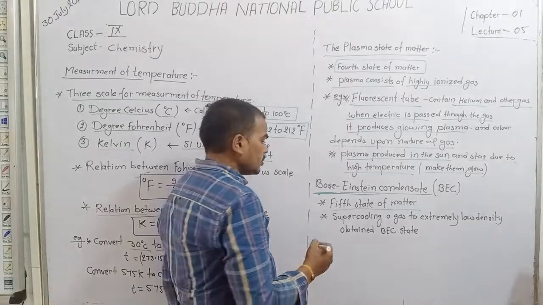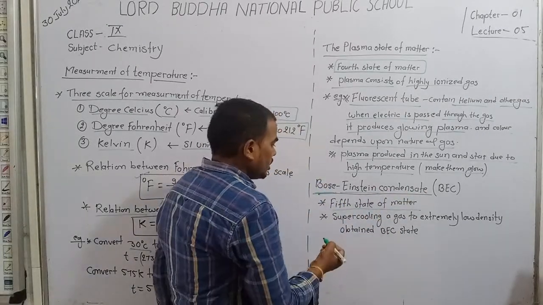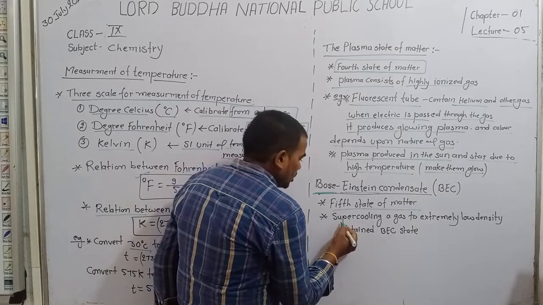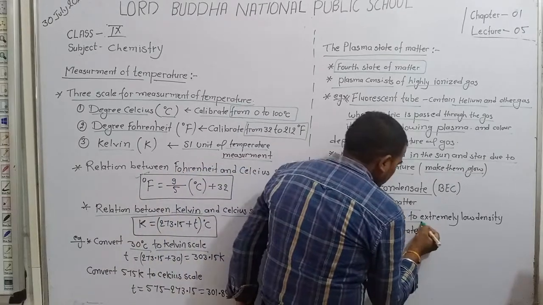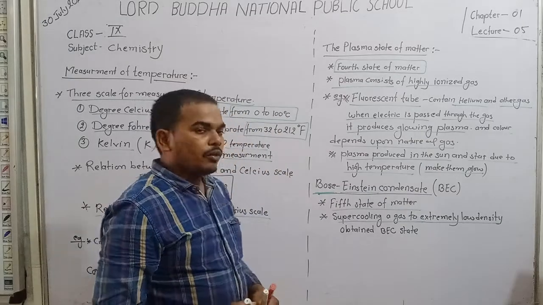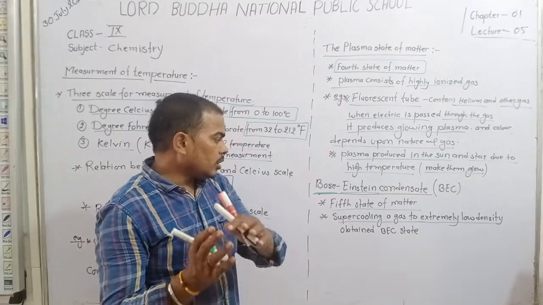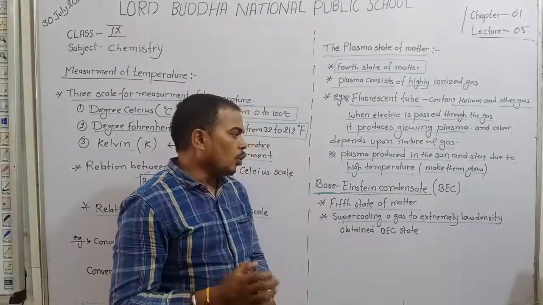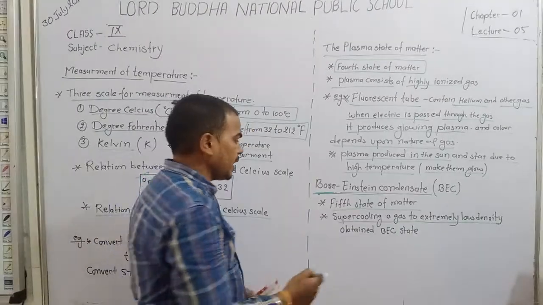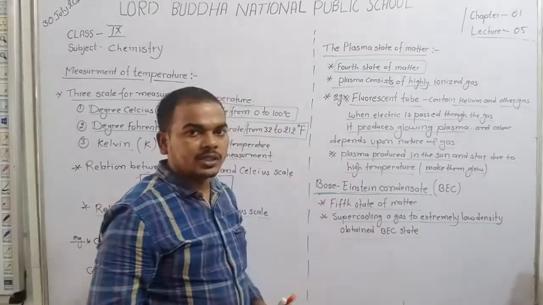The Bose-Einstein condensate state is obtained when a gas of extremely low density is supercooled. When we take a gas with low density and cool it to lower and lower temperatures, we obtain BEC, the Bose-Einstein condensate state.